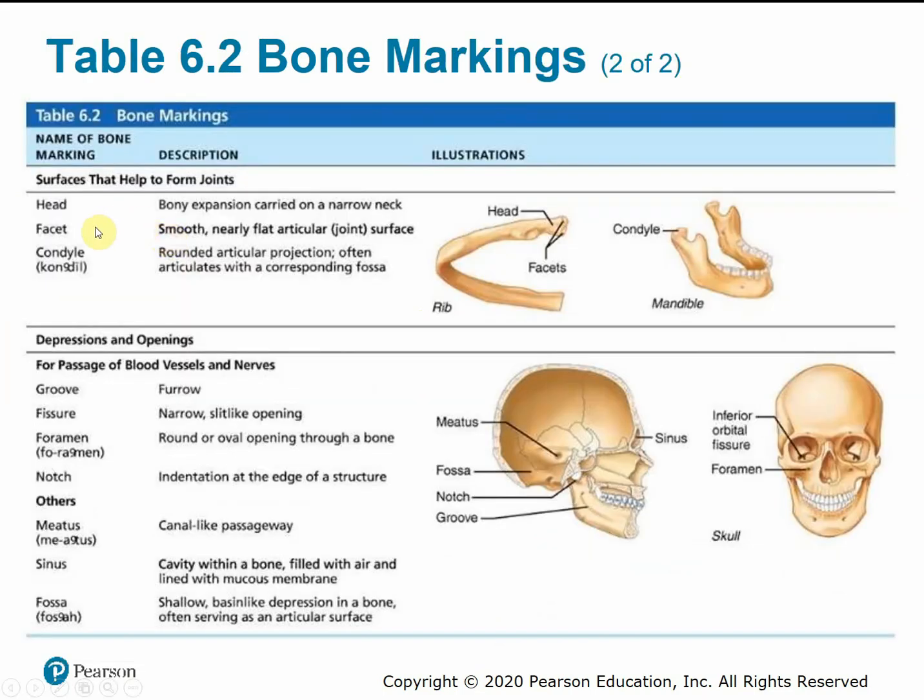You can also have bone markings that are surfaces that help form joints to allow the bones to fit together more nicely, as well as depressions and openings for blood vessels and nerves to pass through. For example, whenever you see the word foramen, it just means a hole, whereas meatus is more of a canal-like passageway.